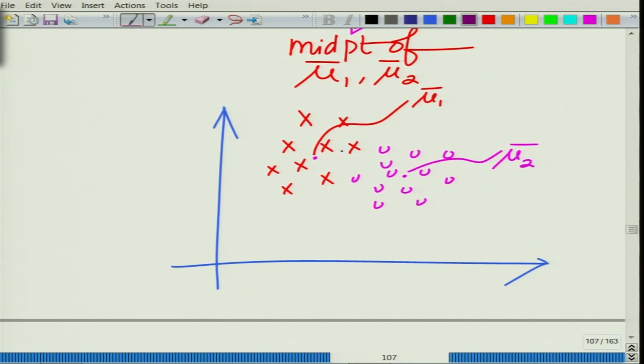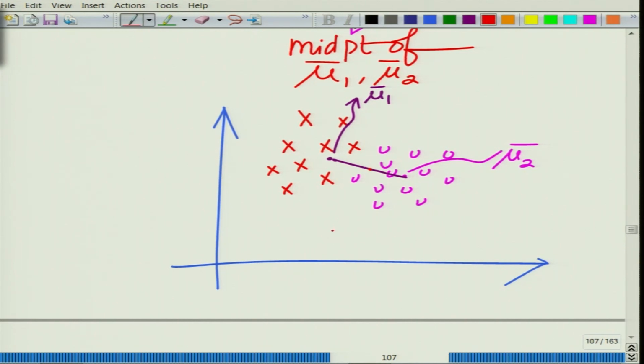Now, you join these two, I am sorry, let me just write this appropriately. So, this is your mu 1 bar, and now you look at the midpoint.